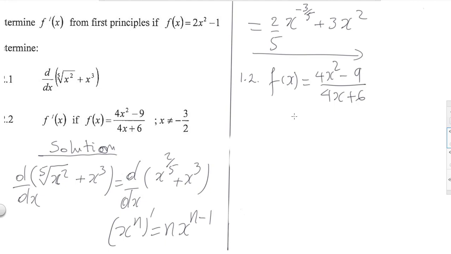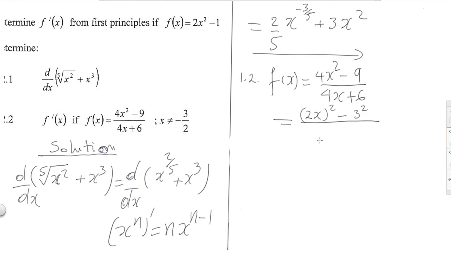We need to simplify this. When you look here, we see 9 is divisible by 3, 6 is divisible by 3. So what I'm going to do, I'll have a 2x all squared, and then 3 to the exponent 2.